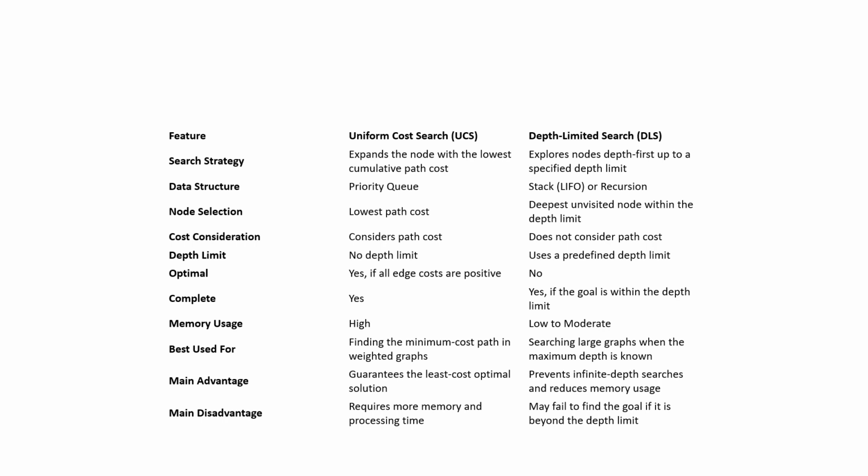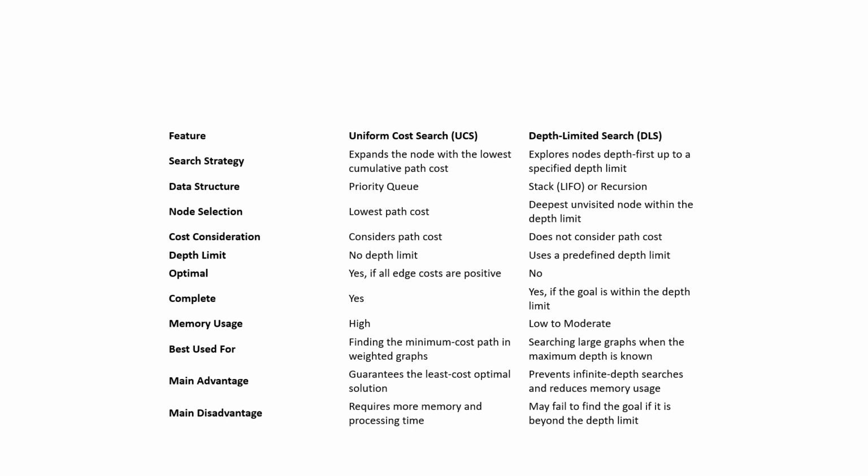Whatever depth limit they have given, if the goal node is at a level within it, there is no problem. But if the goal node is beyond the depth limit, we cannot visit our goal node. That is a drawback.